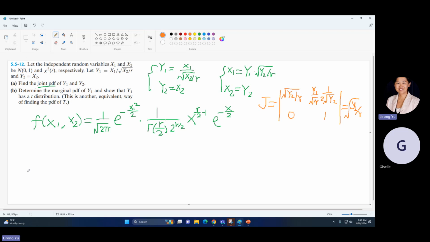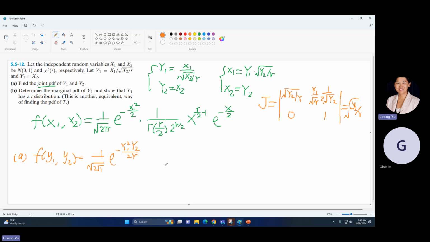So to finish with A, you will write f of y1, y2 would equal to 1 over root of 2 pi, e to the negative x1 squared, and that was y1. So you would square the y1, you have y1 squared, and this is multiplication, so multiply by y2 and divided by r, and there's a 2, so there's 2r.